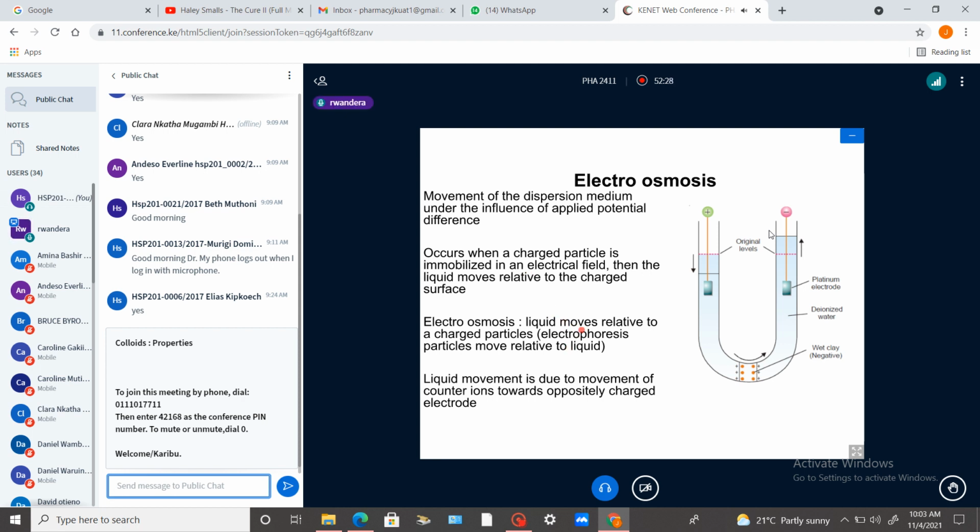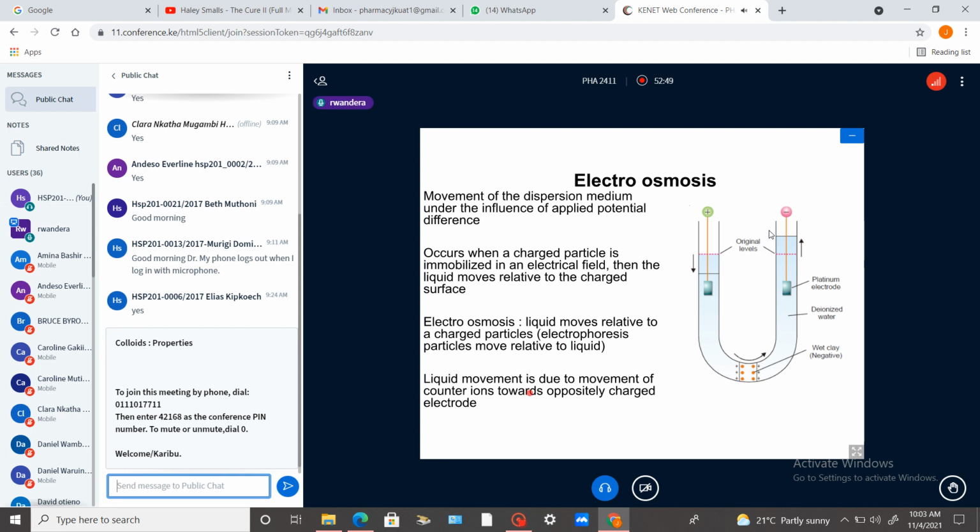So in electroosmosis, it's the liquid that moves, but in electrophoresis, it's the particles that move. In electroosmosis, it's the dispersion medium that moves, whereas in electrophoresis, it is the dispersed phase of your colloidal system that moves.